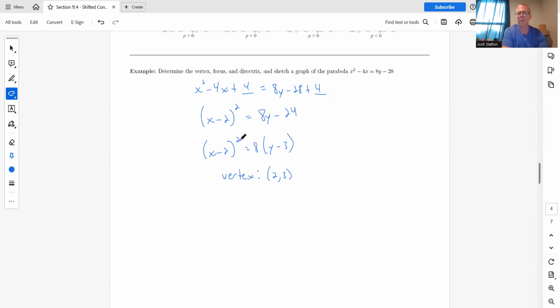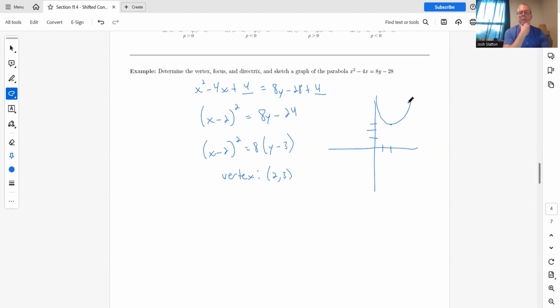We know it's opening up or down because the x is the squared part, and we know it's opening up because of the positive coefficient. So that tells us, if we start this sketch, there's our vertex, and then it's going to look like that.